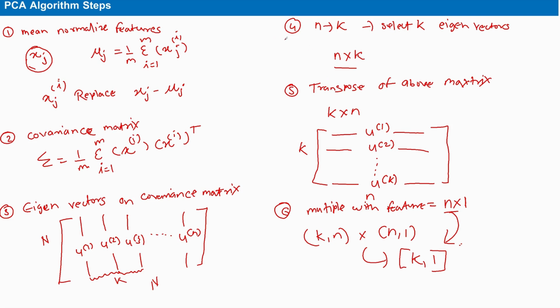So the fourth step matrix is what we get after the eigenvectors, the matrix we selected, which is n by k.